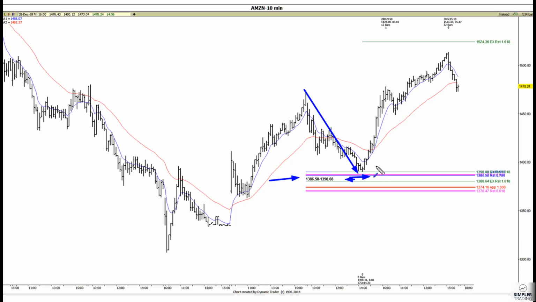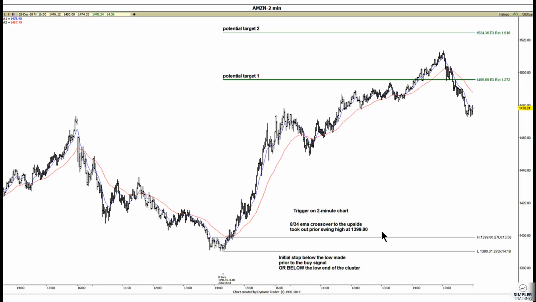So with a 10-minute chart, and we do some of this stuff in the trading room, if you want to look at this for a day trade entry, what are you going to use for a trigger? Well, you need to test the triggers on your own, but I'm thinking that a 2-minute chart trigger works just fine, because this is the way it looks for a day trade trigger that's going to get you in really close to where your risk definition is.